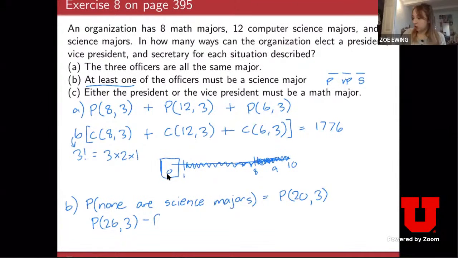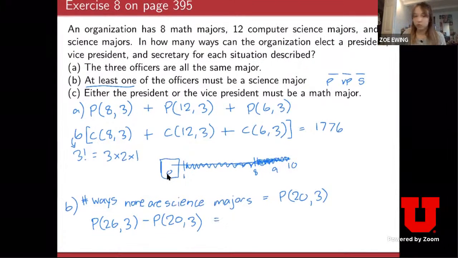So we subtract the probability that none of them, or I guess this isn't the probability that none of them are science majors. That was incorrect. It's more like the number of ways where none of them are science majors. So sorry for that confusion. And that is going to come out to 8760.